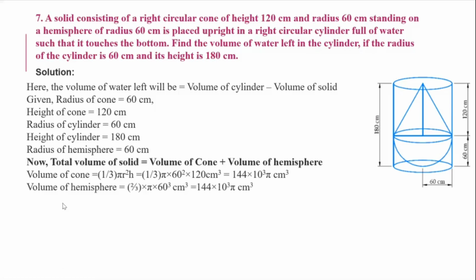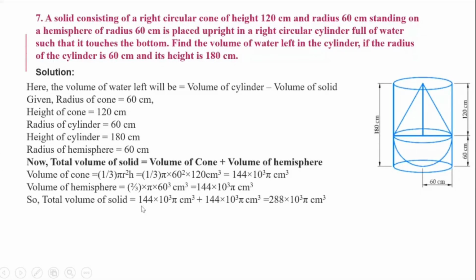So 2/3 into pi into 60 cube, which comes out to be once again 144 into 10 cube pi centimeter cube. The total volume of the solid is equal to 144 into 10 raised to the power of 3 pi plus 144 into 10 raised to the power of 3 pi centimeter cube, which comes out to be 288 into 10 raised to the power of 3 pi centimeter cube.